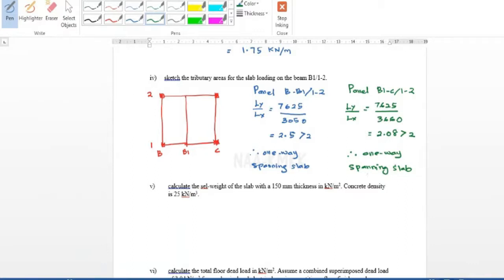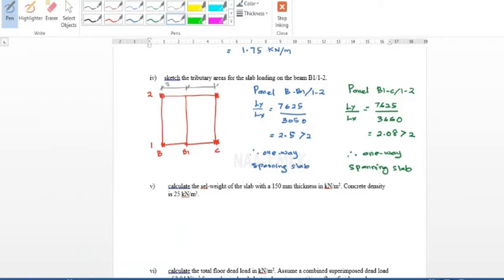Once we know how the slab panel distributes its load to this beam, then we can sketch the tributary areas. How to sketch the tributary areas? First, here is the Lx.